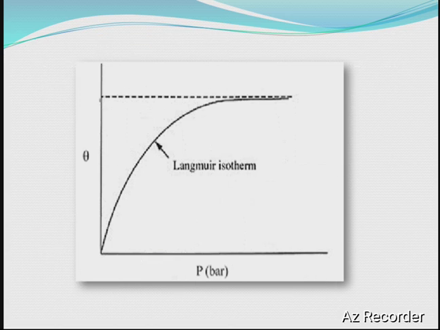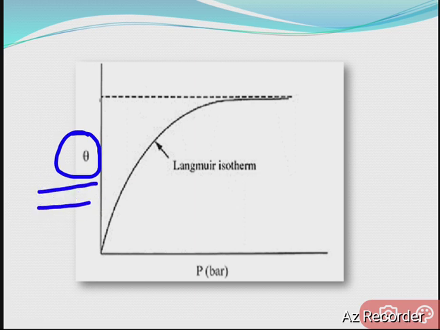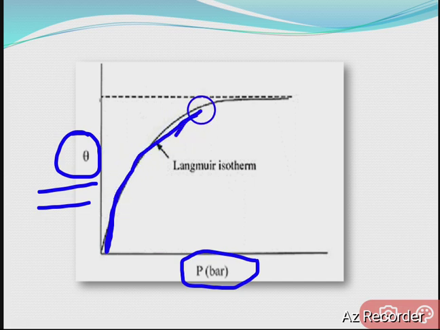The plot of the Langmuir isotherm is given by theta, the fraction of molecules that accumulate on the adsorbent surface, plotted against the pressure P. At lower pressure, theta increases linearly with the pressure, meaning as the pressure increases the fraction theta also increases, and it reaches a maximum value at a particular pressure.